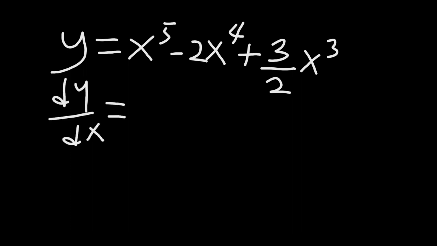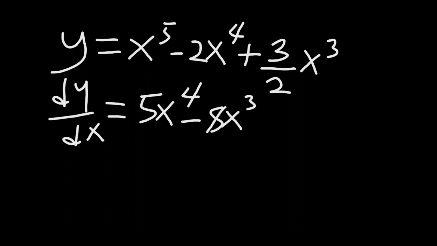Using the power rule, we have 5s to the 4th power minus 8s to the 3rd power plus 3 times 3/2 s squared.